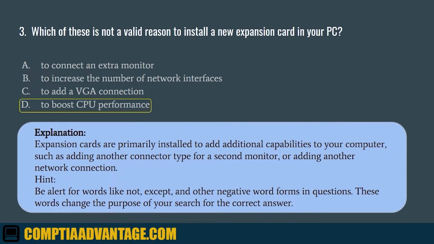Expansion cards are primarily installed to add additional capabilities to your computer, such as adding another connector type for a second monitor or adding another network connection. Hint: be alert for words like not, except, and other negative word forms in questions. These words change the purpose of your search for the correct answer.